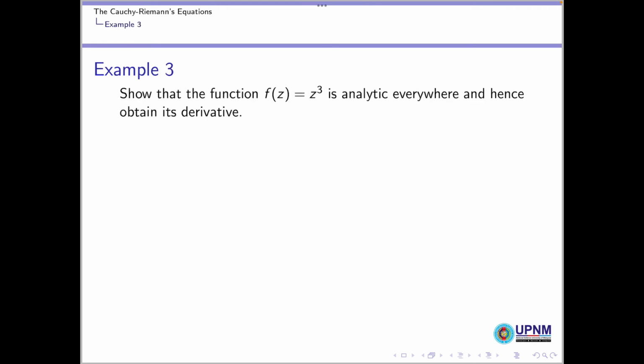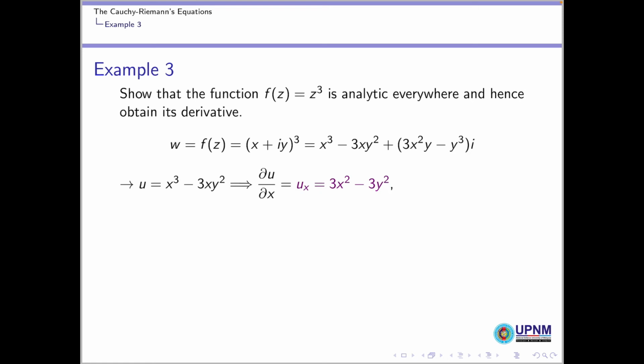Next, we have example 3, to show that the function f(z) equals z cubed is analytic everywhere and hence obtain its derivative. To start, we replace z with (x plus iy) cubed, and then we get the function in terms of u plus vi. Then we extract the u component and find the partial derivatives u_x and u_y.